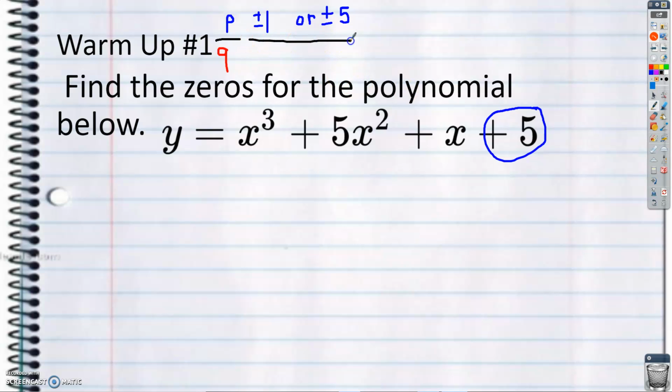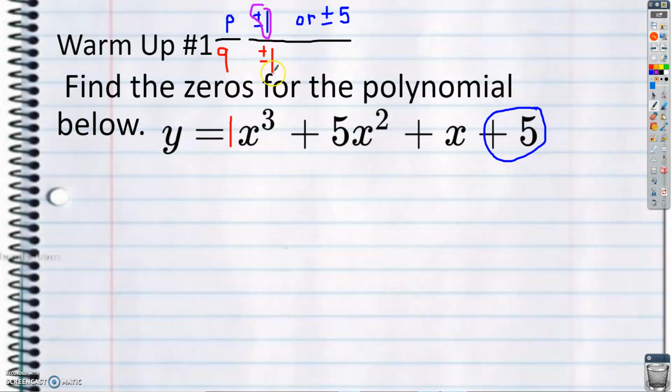Divide that by your factors for Q, and that's just the coefficient in front of your leading term, and since there's no number there, it's 1, so it's just plus or minus 1, because 1 times 1 is 1. So I'm going to randomly pick an x value, and then randomly pick a P and then Q.